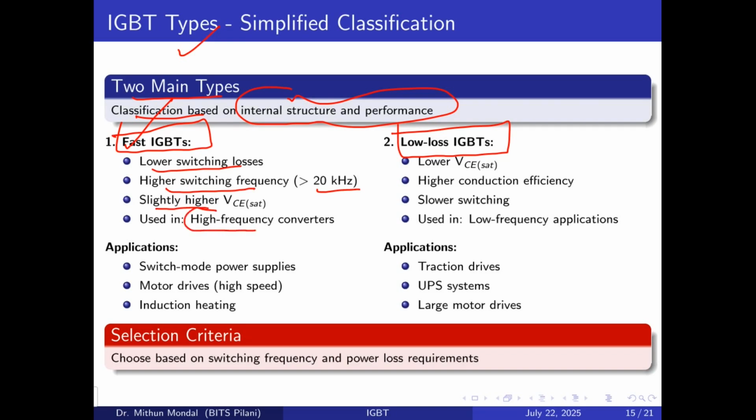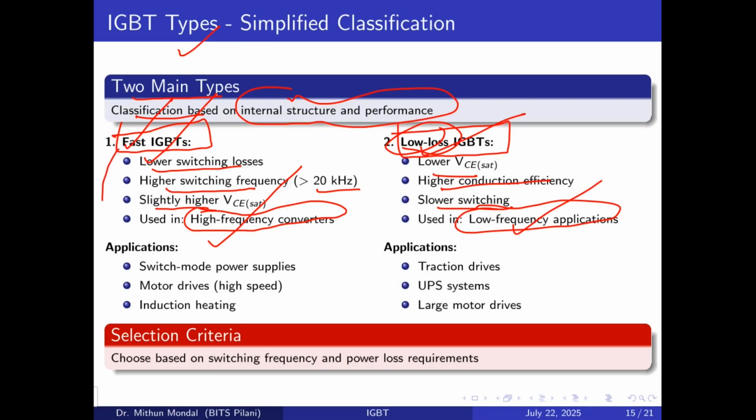These are used in high frequency converters. Low loss IGBT has lower collector to emitter saturation voltage, higher conduction efficiency, slower switching, and is used in low frequency applications. So for high frequency converters, you go with the fast IGBT. For low frequency applications, you go with the low loss IGBT.